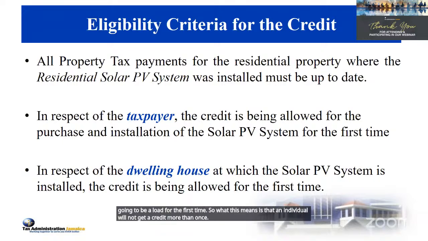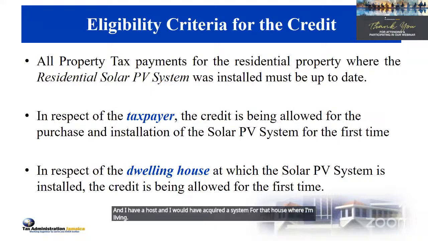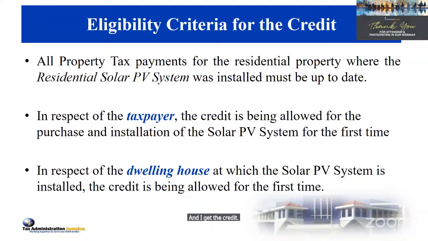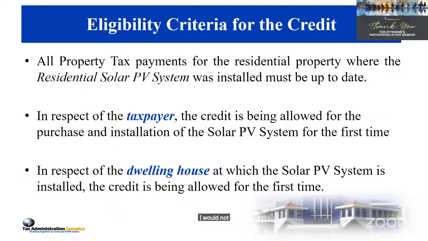So if I am living somewhere in Kingston and I have a house and I would have acquired a system for that house where I'm living and I get the credit, I decide to then sell that house and buy another property somewhere else, I would not be eligible for the credit at that second property.